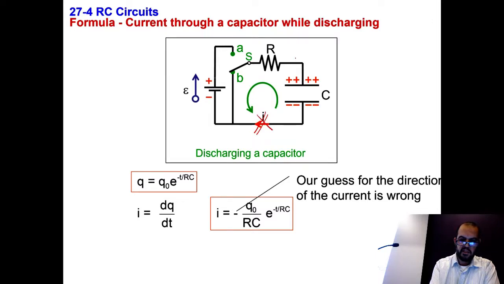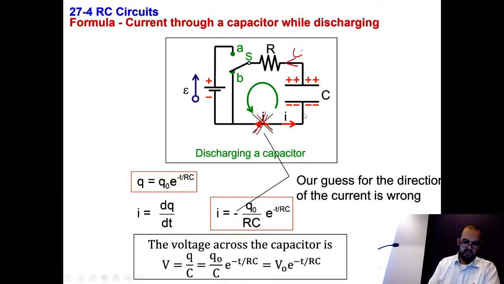So really the current is in this direction. But I can do that at the end. So if I take my current in this direction, the equation for the current becomes I is equal to Q0 divided by RC exponential minus t over RC.